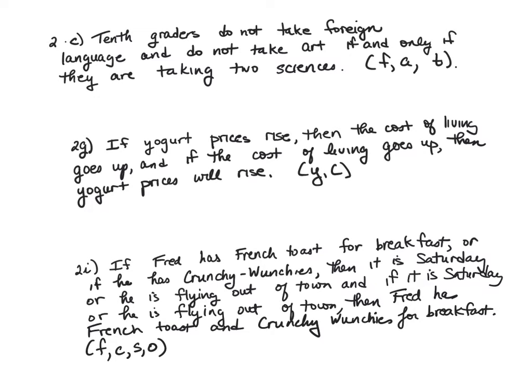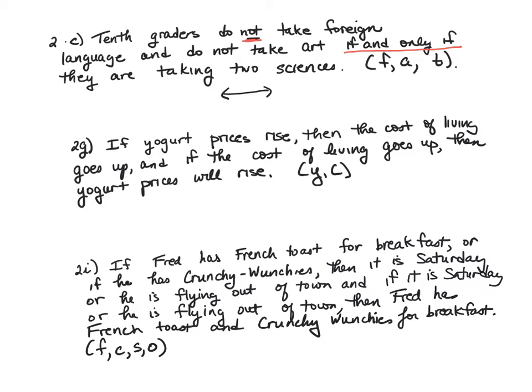So let's take it a bit at a time. Notice that the if and only if is here. So I'll put that here. Now we have to figure out what goes on each side. 10th graders do not take foreign language. So that's negated because we have the not.